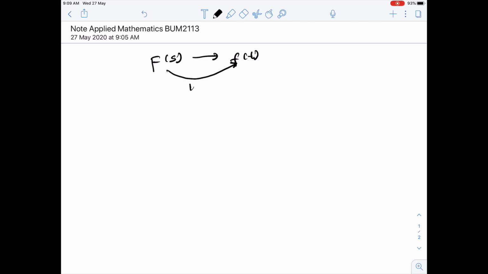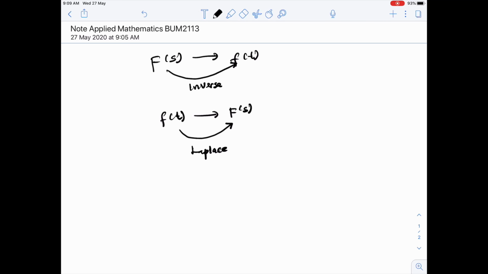Here we call it the inverse. Previously, we studied that if you have the function in terms of f(t), we transform it into a function of F(s) by taking the Laplace of f(t).